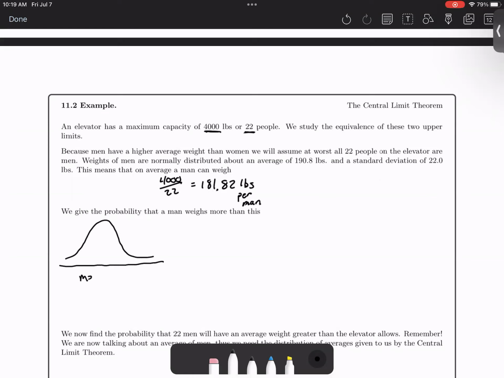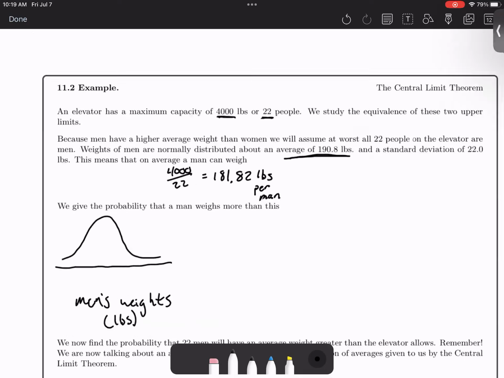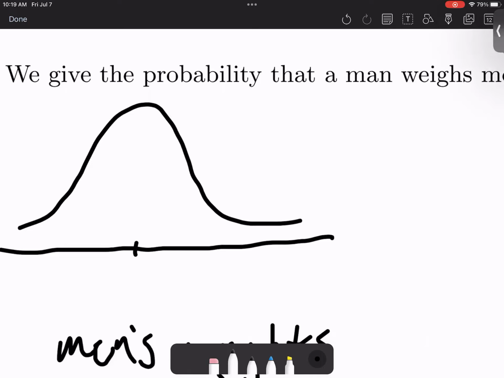So let's label our x-axis. In fact, I want to move that down a little bit so we can put some points on our x-axis too. This is men's weights measured in pounds. Okay, and where's the center of this distribution? The average weight of a man is 190.8. So it's going right here in the center, 190.8.